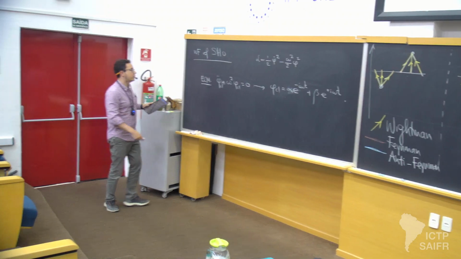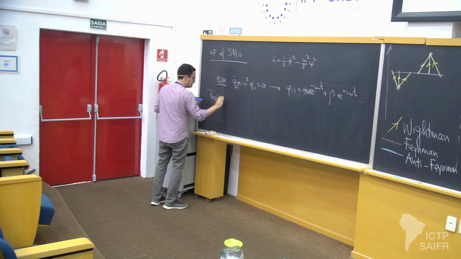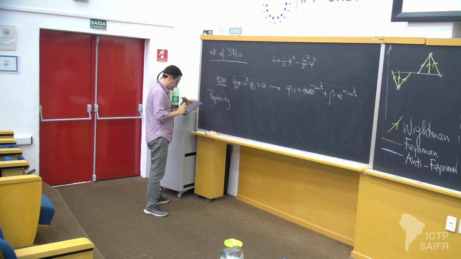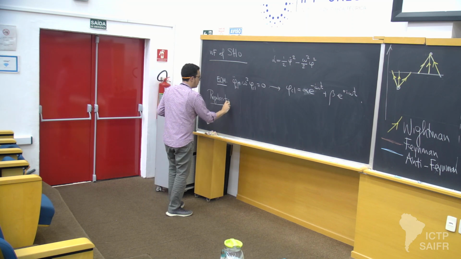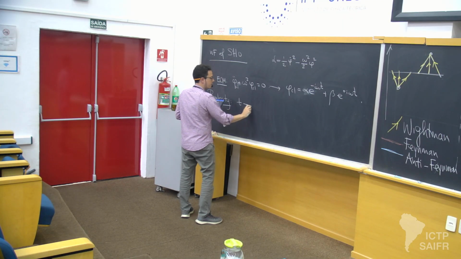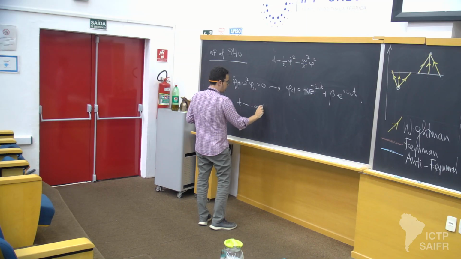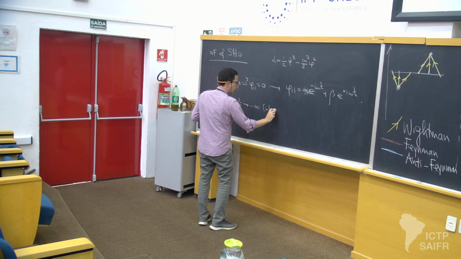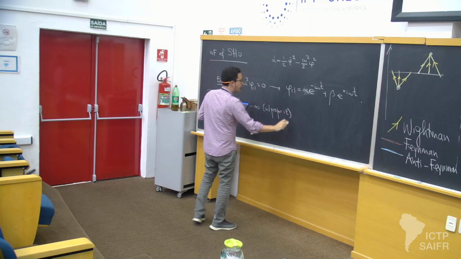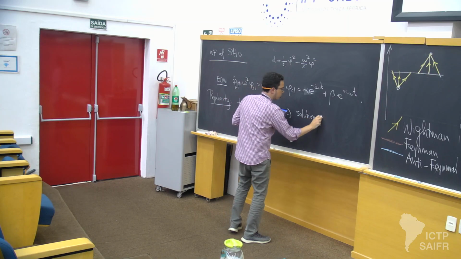So now, regularity. Regularity really means that as time goes to minus infinity, with the proper i epsilon prescription, the solution goes to 0.